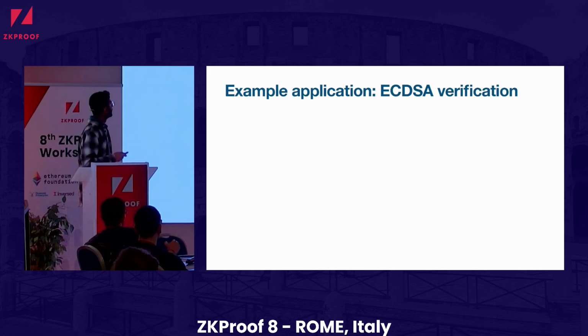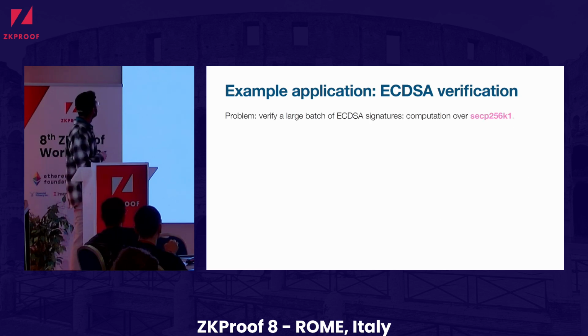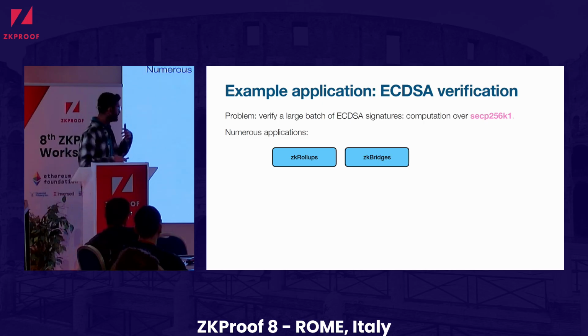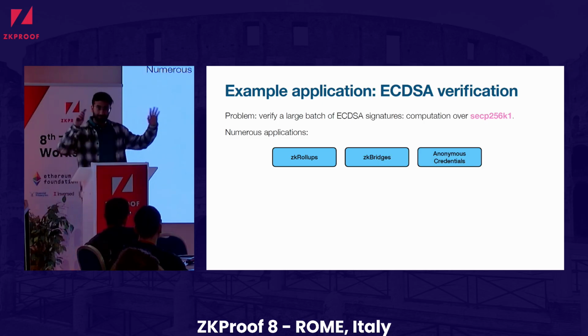Great. One of the applications of field-agnostic SNARKs shows up in ECDSA verification. We want to verify a large batch of ECDSA signatures, which is a computation that's defined over this particular curve. There are numerous applications of this process, including ZK rollups, ZK bridges, anonymous credentials, you name it.